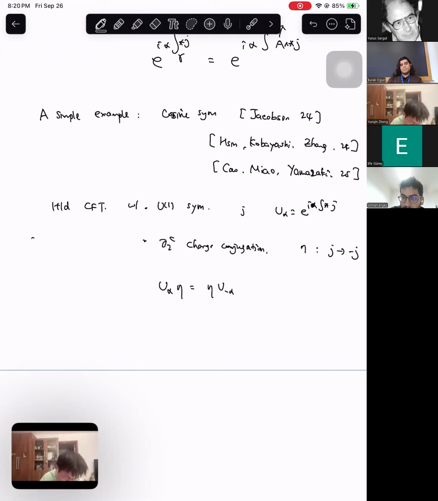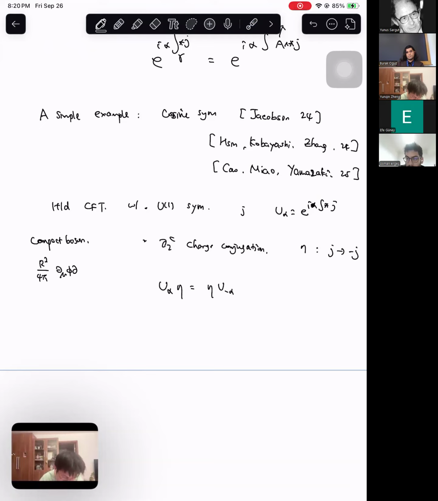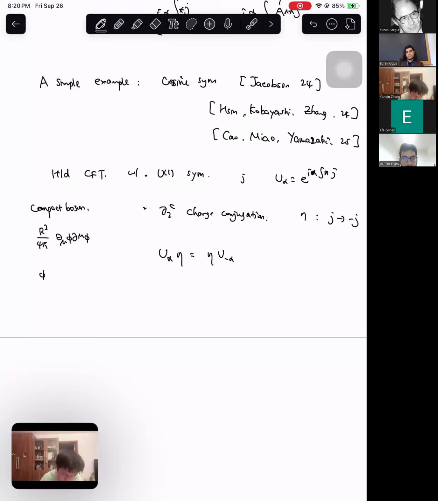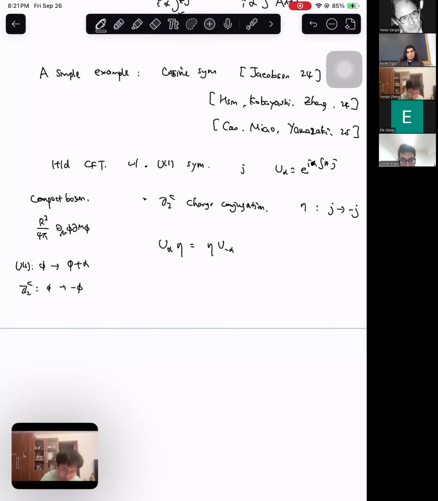There is a compact boson in 1+1 dimensions, whose action is R squared over 4 pi times d phi d phi. The U1 symmetry is just a shift symmetry, and the Z2 charge conjugation flips the sign of phi. So this is a concrete realization of these symmetries.